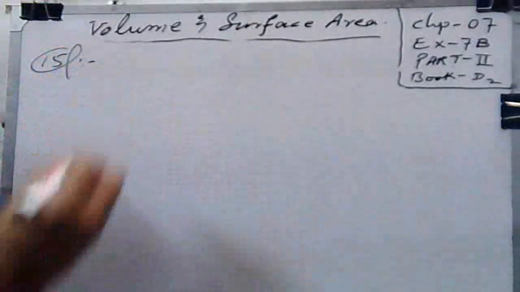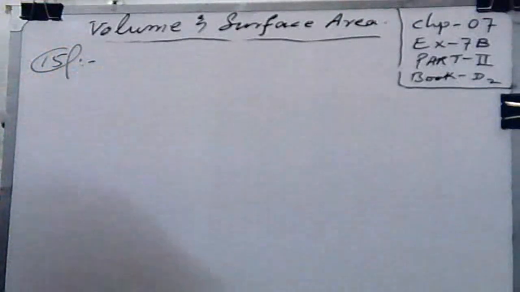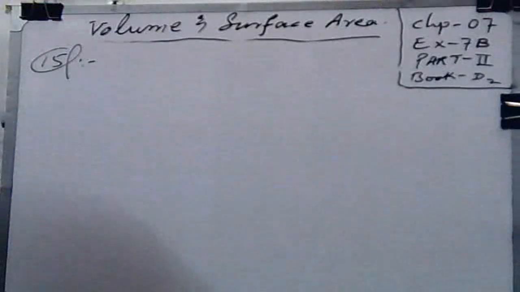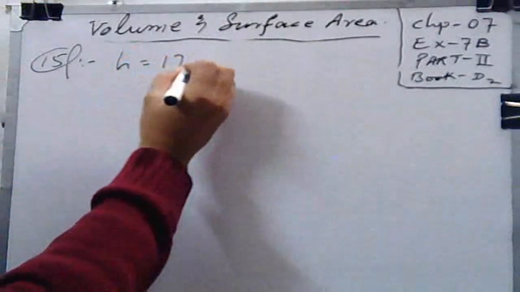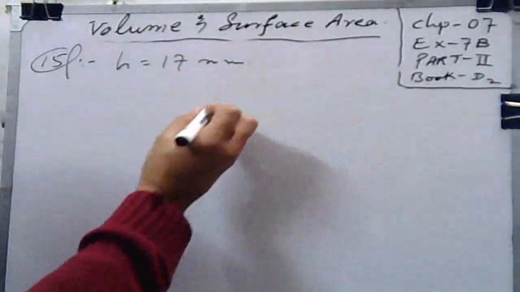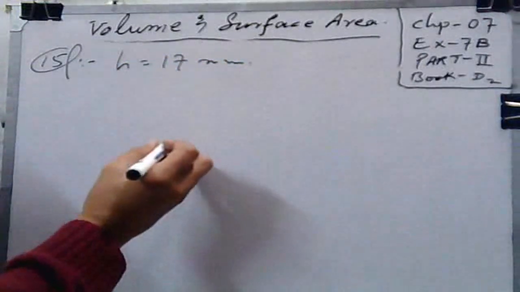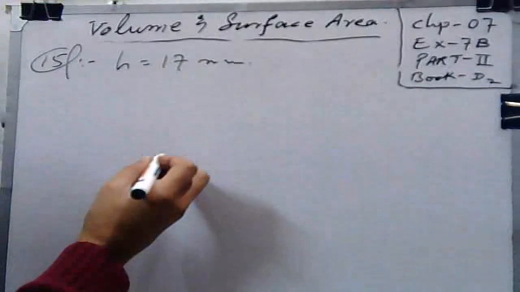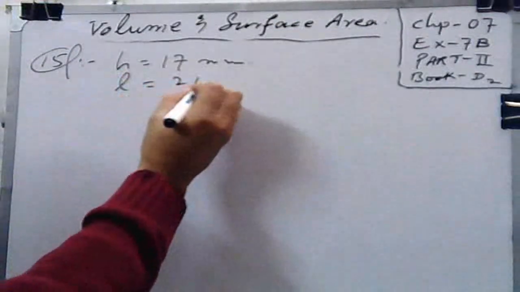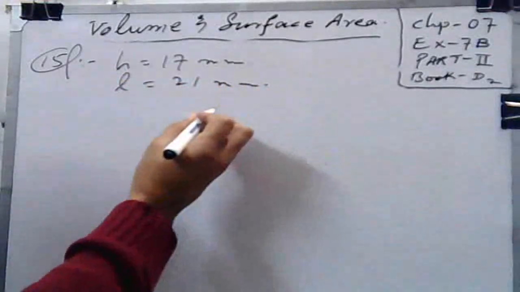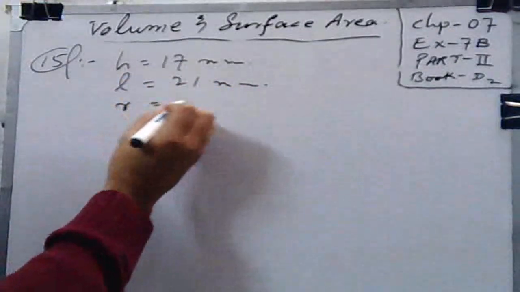Question number 15. A circular cone has a height of 17 millimeter and slant height 21 millimeter.